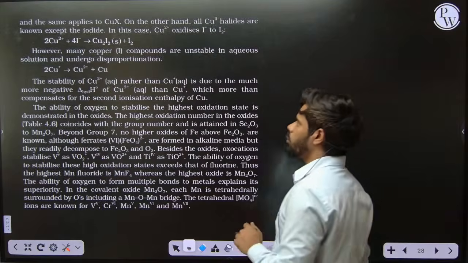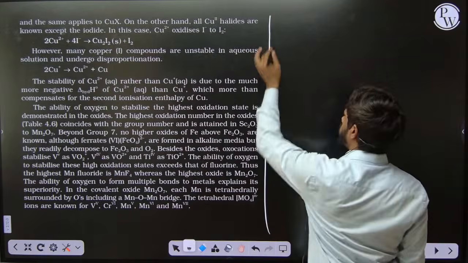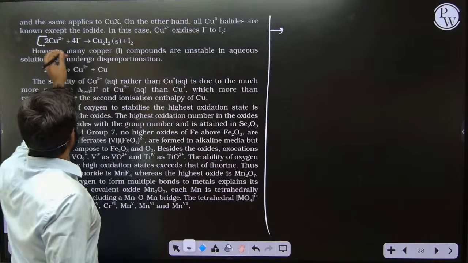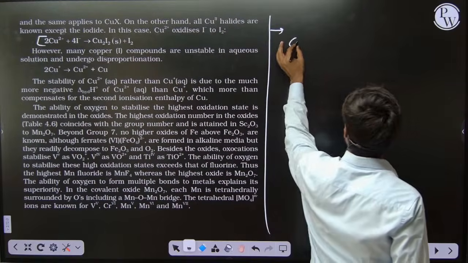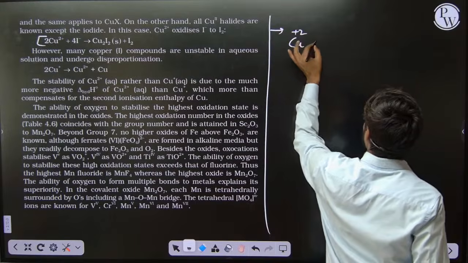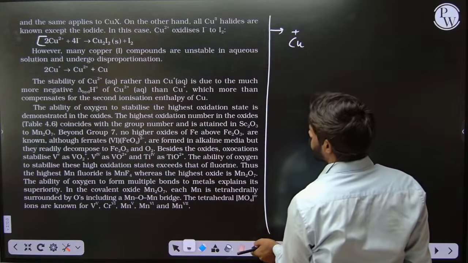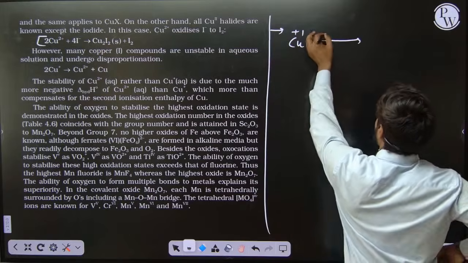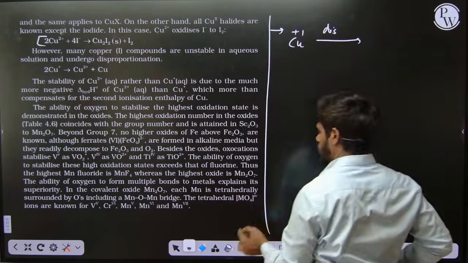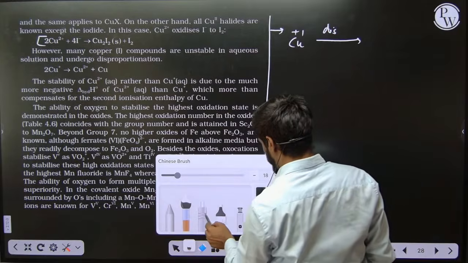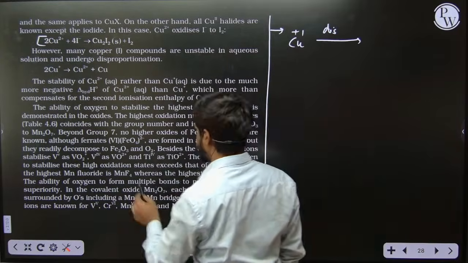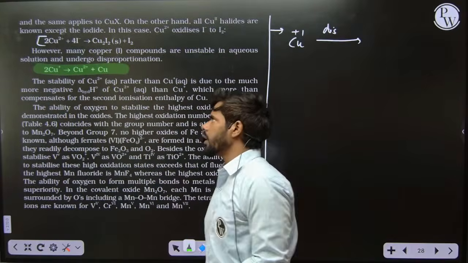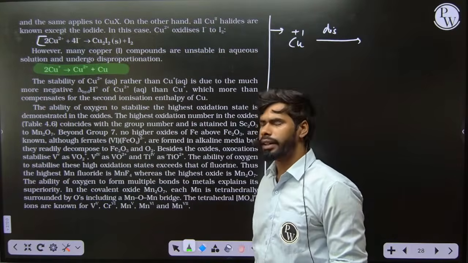Here are some points we can select from the NCERT. Cu+1 can disproportionate into Cu2+ and Cu.